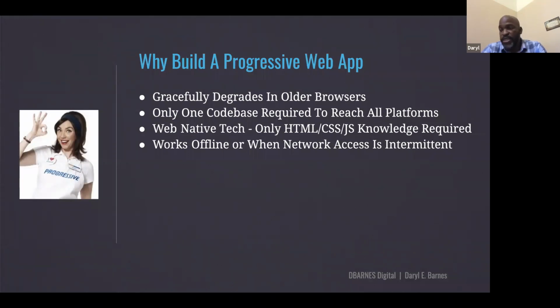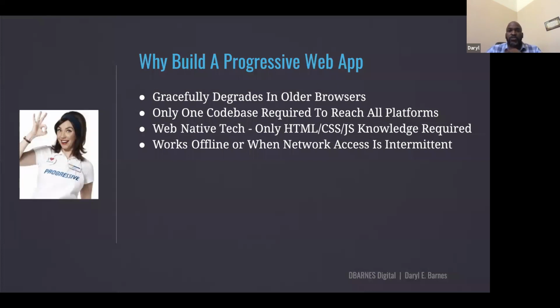And if you have a team, instead of having to hire developers for each different native code base, you can have your entire team of just HTML, CSS, and JavaScript developers. That way, knowledge and code can be shared amongst everyone, and it speeds up development time and cuts down on your development costs.